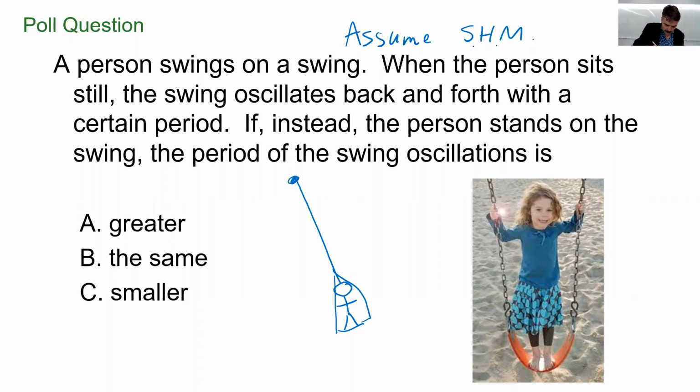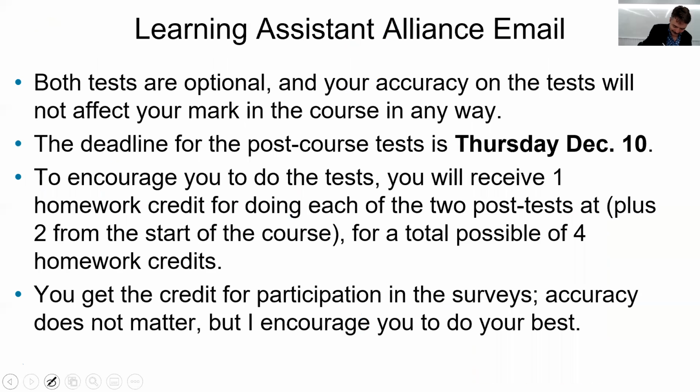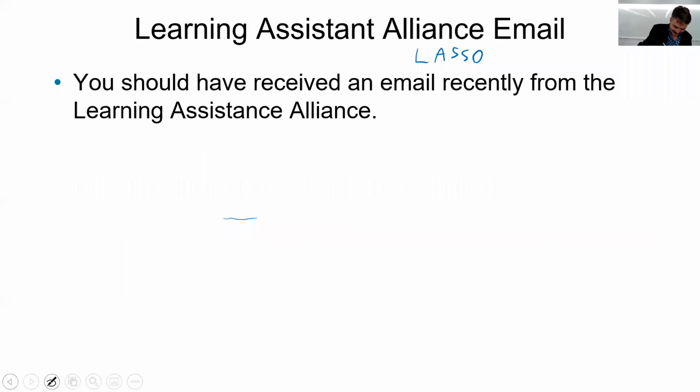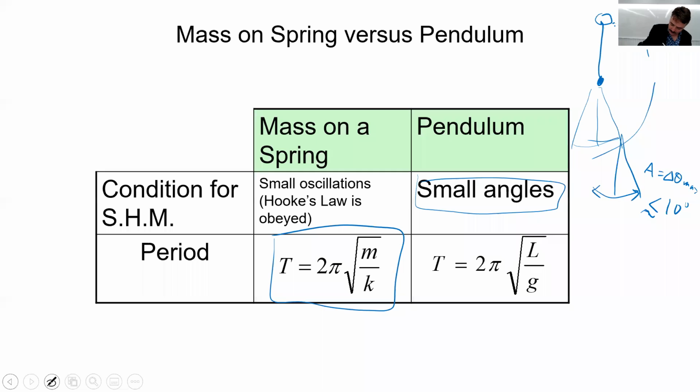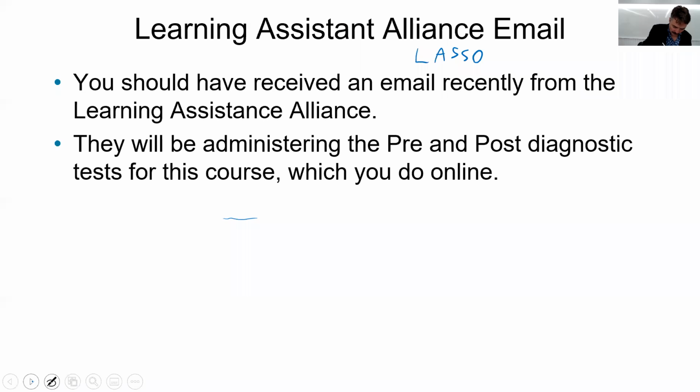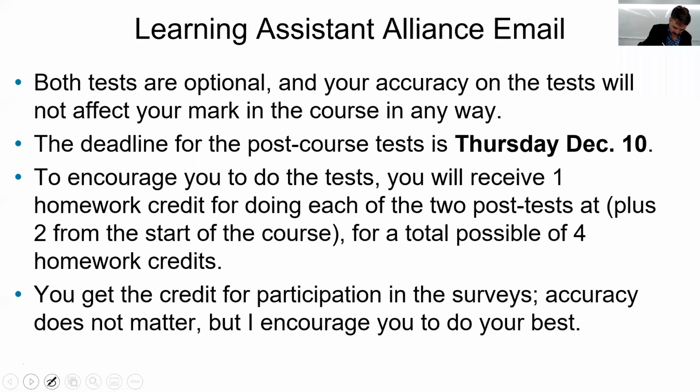Wait, so the way the equation is, remember that the period is equal to 2 pi times the square root of, what was it again? Sorry, I'm forgetting. L over G, right? Longer L means longer period.